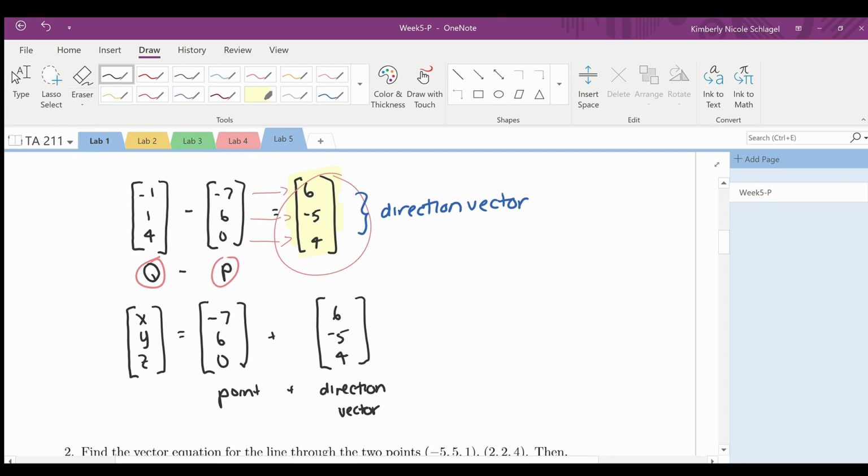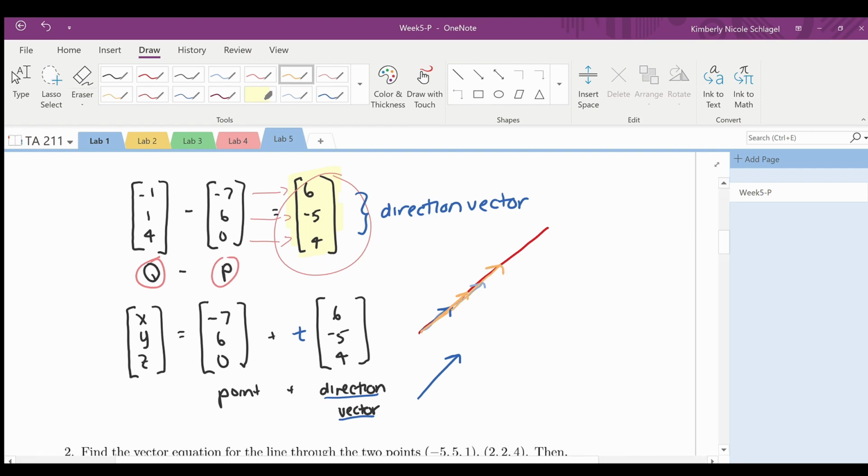And one more thing that we have to do is that we have to add in a parameter. So t times this direction vector. The reason that we do that is because the direction vector only gives us a direction. So if we have some line like this and our direction vector is here, we can have a whole bunch of different multiples of that, and it's still going to be an accurate representation of the direction of our line.